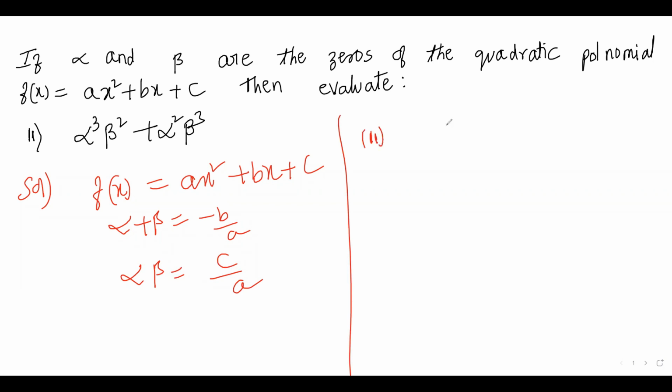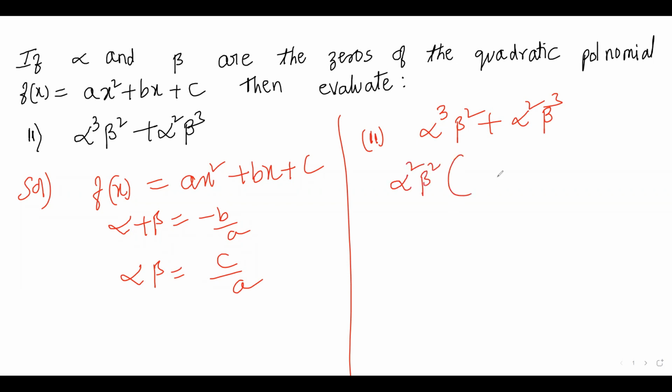So in the second bit, they are asking us to find the value of alpha cube beta square plus alpha square beta cube. So you can take common alpha square beta square.